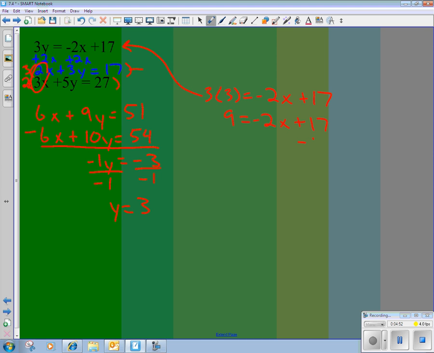We're going to subtract 17 from both sides, so negative 2x equals negative 8. Divide by negative 2, so x equals 4. So our coordinate is 4, 3.